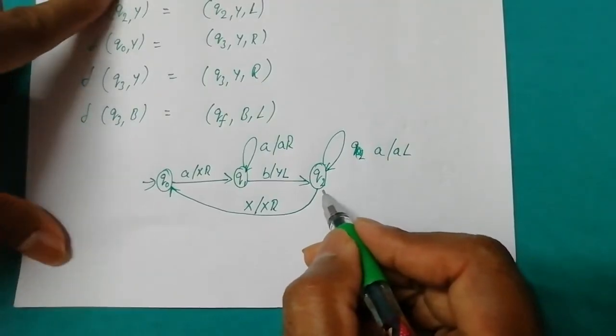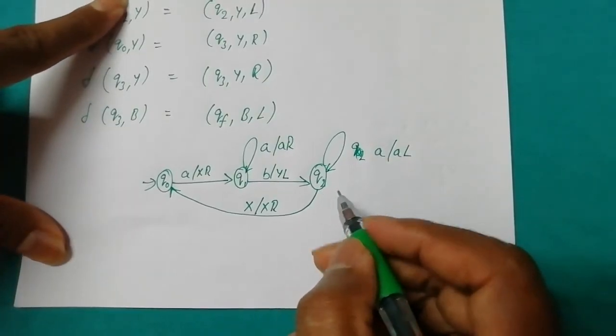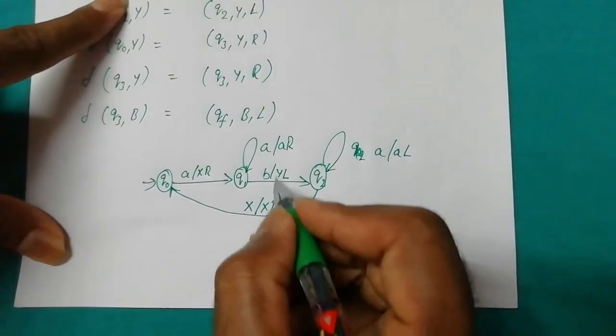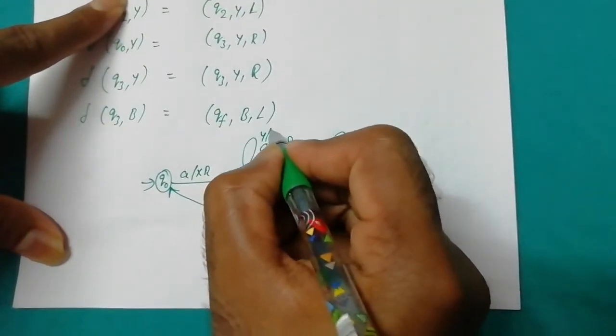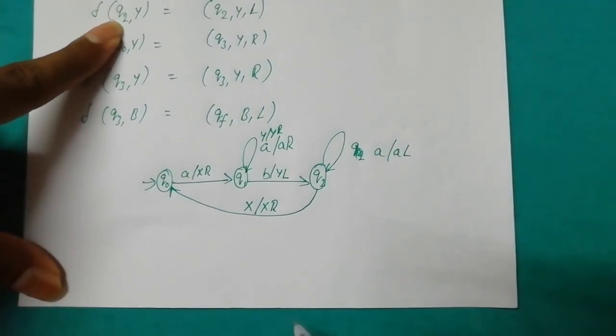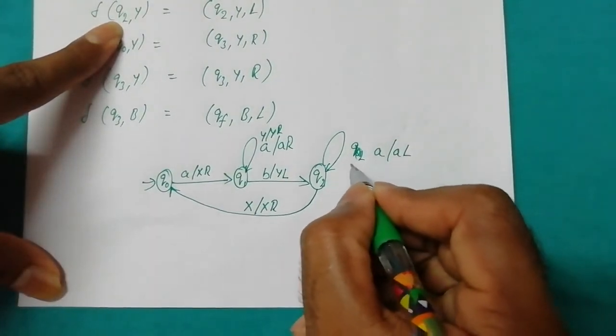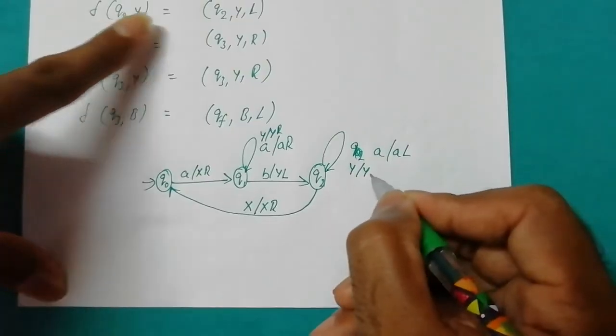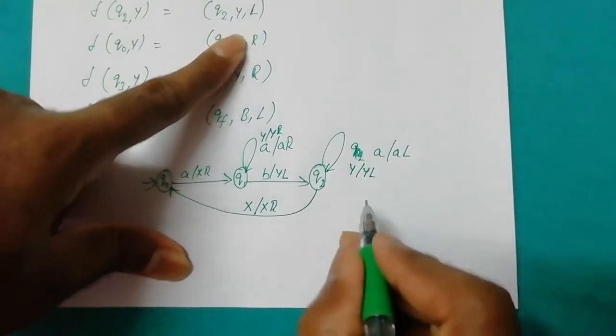Next, Q1 comes across with Y, we stay in the same state, we move one cell to the right direction. Q2 comes across with Y, we stay in the same state, we keep that symbol as it is and we move one cell to the left direction.